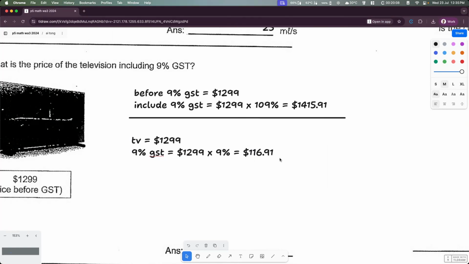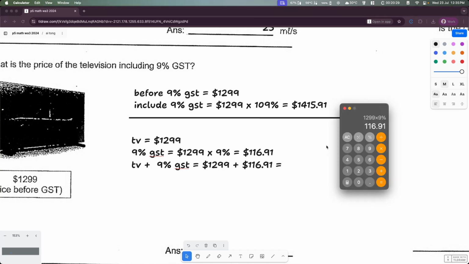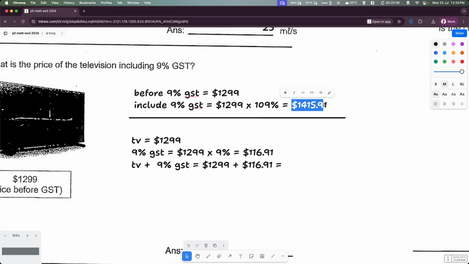Then TV plus 9% GST is equal to $1299 plus this GST. If we calculate it using our calculator, 1299 plus 116.91, this will give us the same answer, $1,415.91. Okay, so that's roughly about it.